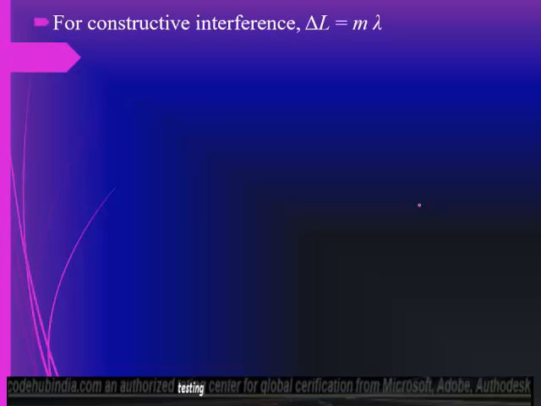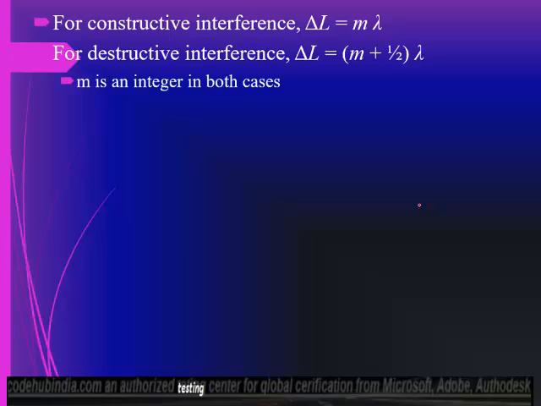For the calculation, for constructive interference delta L equals m lambda, but for destructive interference delta L equals (m plus 1/2) lambda, where m is an integer in both.